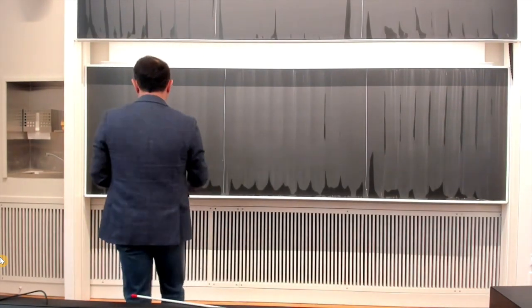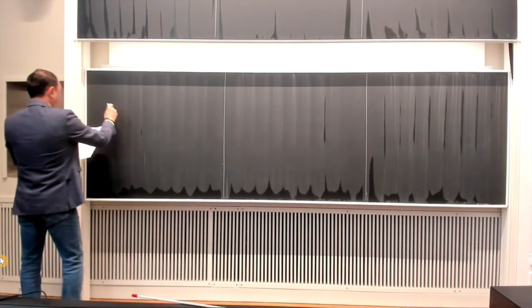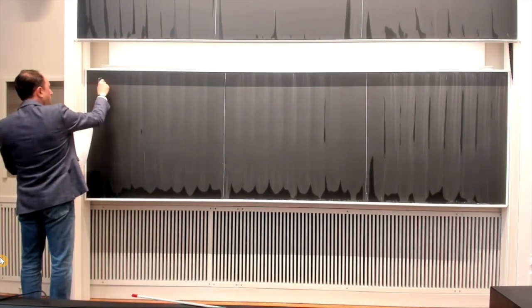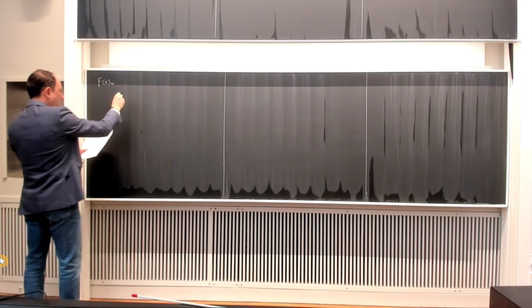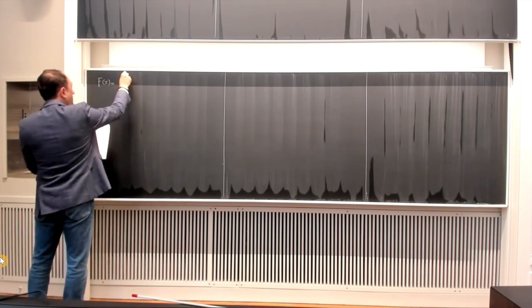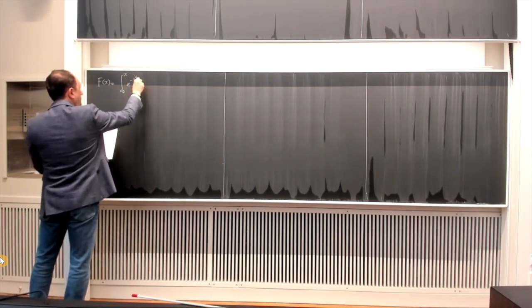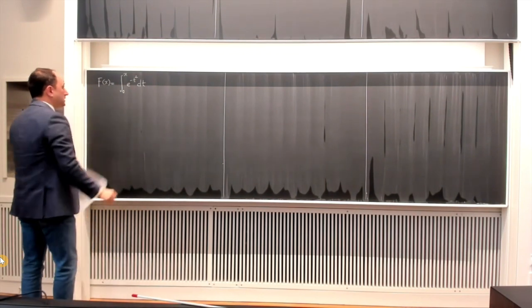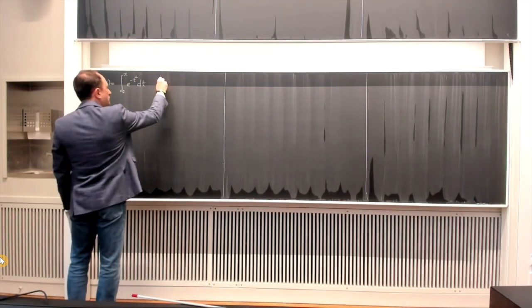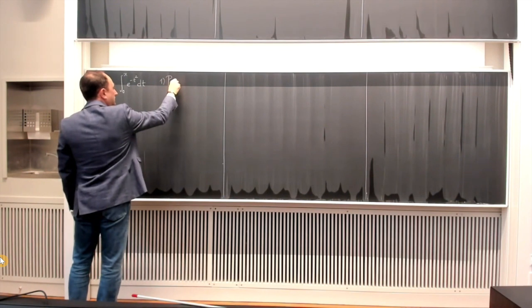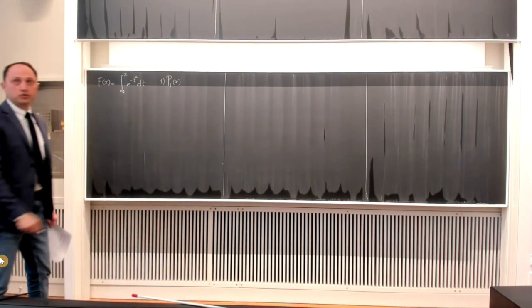Okay, so I think this is not easy for you. So a function is given to you. Capital F of x is equal to the integral from 0 to x of e to power minus t squared dt. In the first part, I am supposed to calculate P1, the Taylor polynomial of order 1.